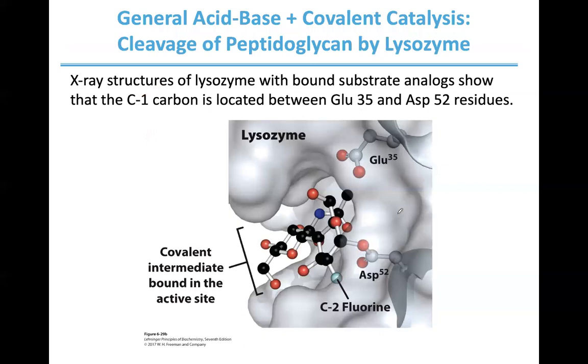So the X-ray structure of the lysozyme with the bound substrate shows that this carbon of the sugar that is going to undergo the cleavage is located in between these two key residues, glutamate 35 and aspartate 52.